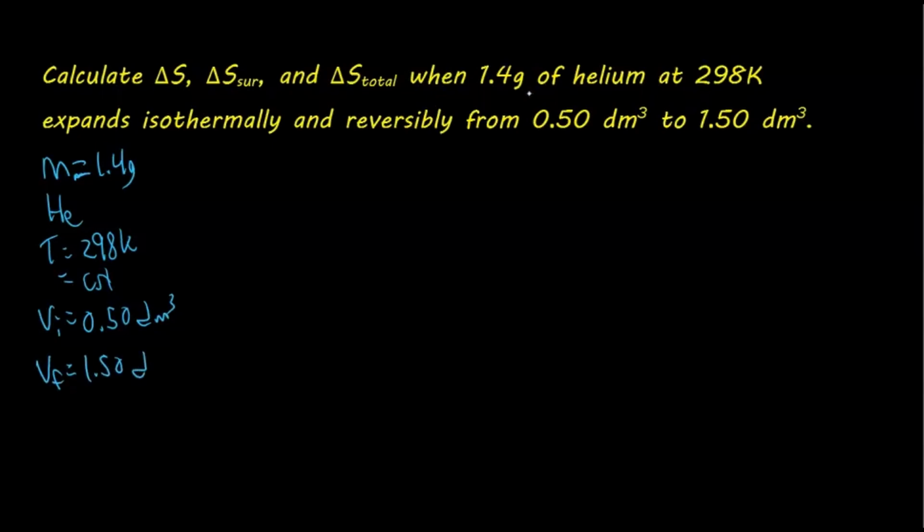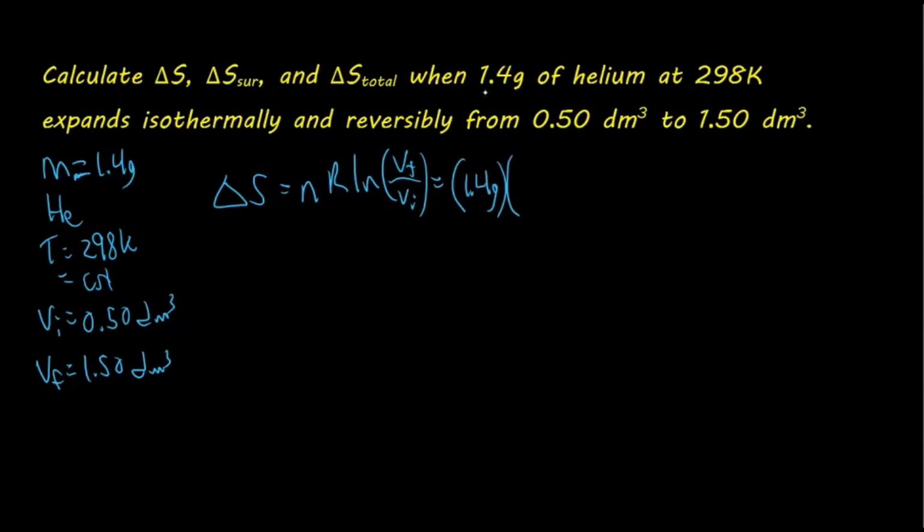1.50 decimeters cubed. We can calculate the change in entropy of the system directly because we just derived the equation for this. So delta S equals nR ln of V final over V initial, which is equal to, now we don't have the number of moles, we have the mass, but we can convert to moles because we know this is helium. So 1.4 grams, and on the periodic table, 1 mole of helium weighs 4.0026 grams.